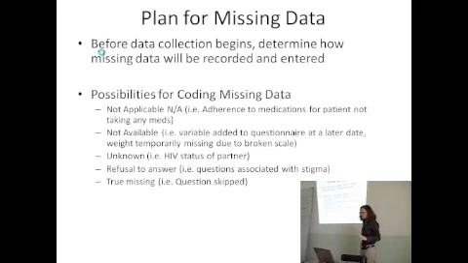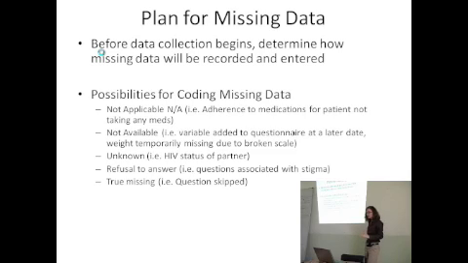So for example, you could have not applicable. You could actually have that on the form as a response. Like if you're asking about pregnancy, you could have yes, no, not applicable, and you would expect all the male patients to have NA ticked.